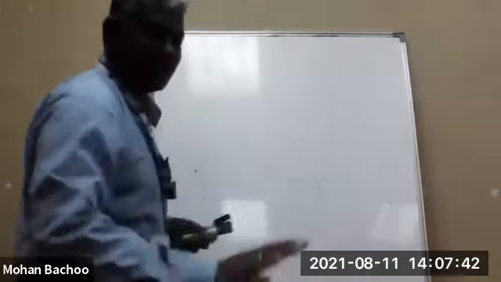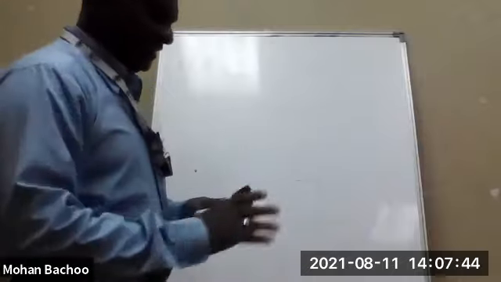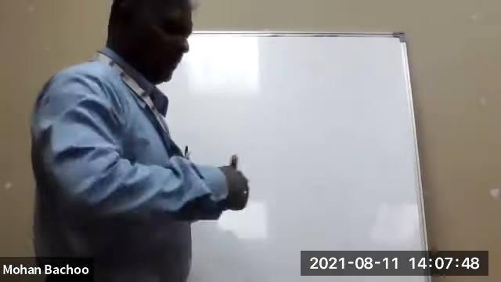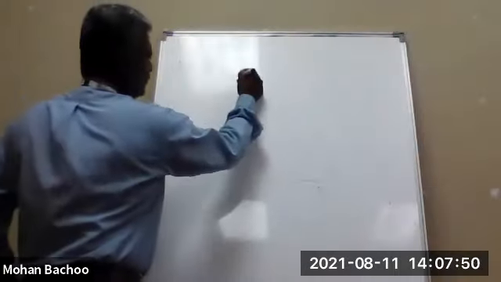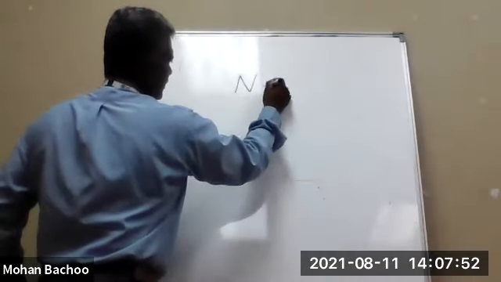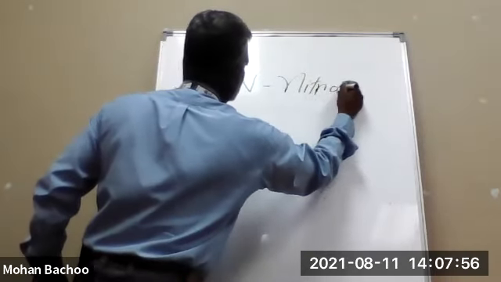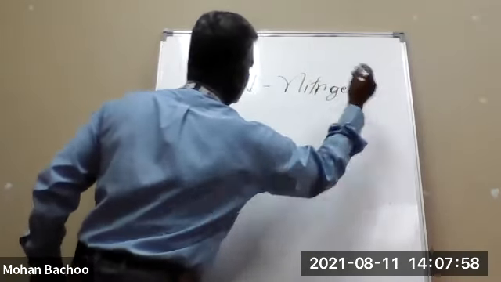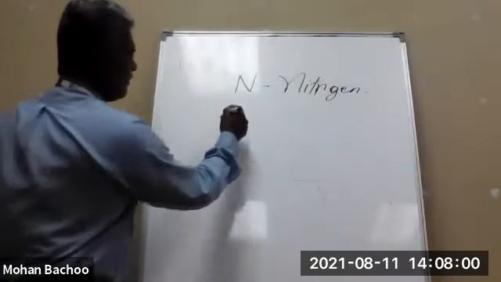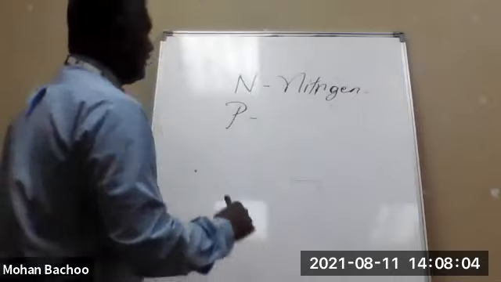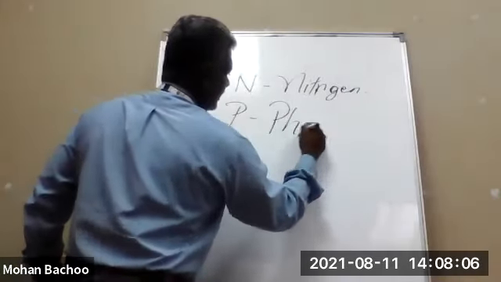Right. So I'm going to teach you all a lovely, nice thing: nitrogen, phosphorus, potassium. I'm going to write it down. N is for nitrogen. P is for phosphorus.